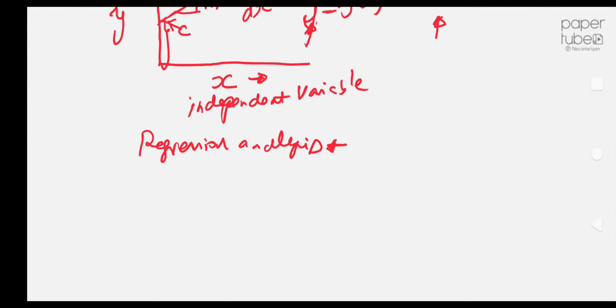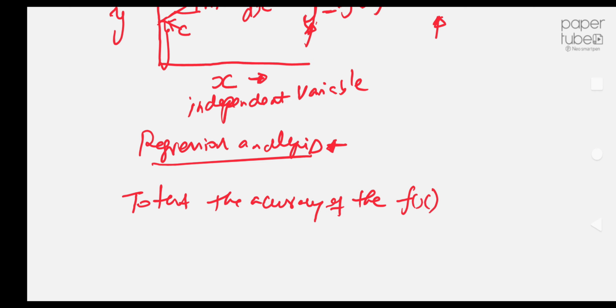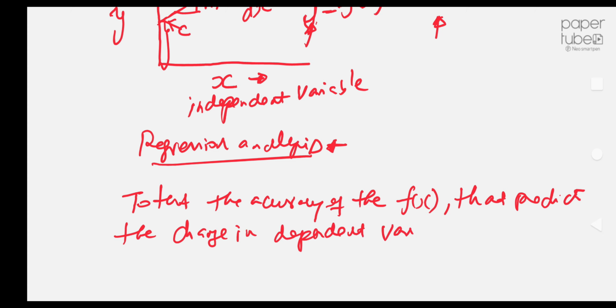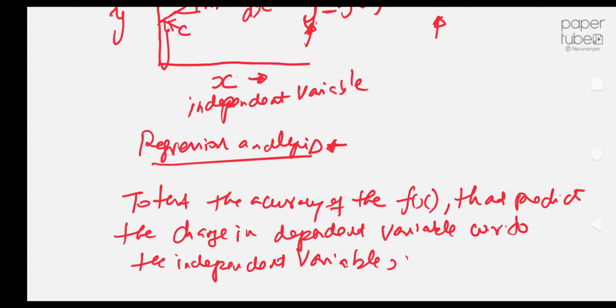It provides a way to test the accuracy of the function f of x that predicts the change in the dependent variable with respect to the independent variable x.